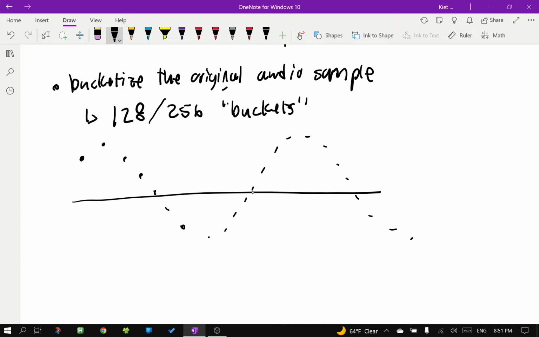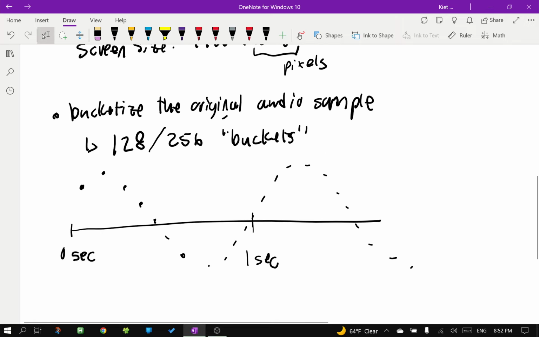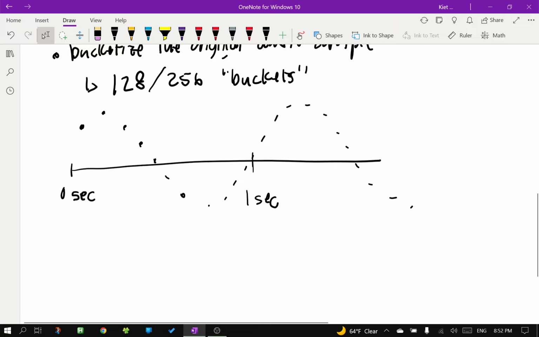Say this is like 1 second here, then each of these samples here would be like one bucket, or like one down sampled sample, if that makes sense. And there are multiple ways of doing it.